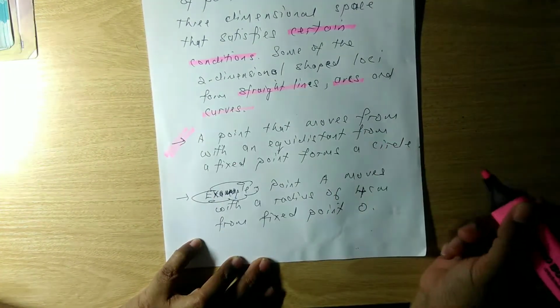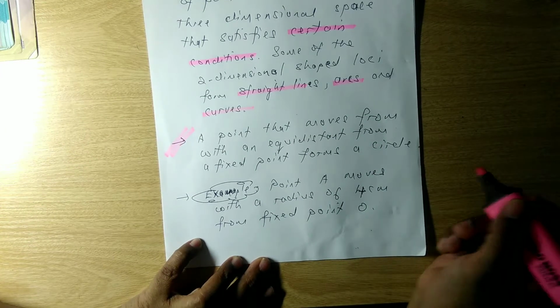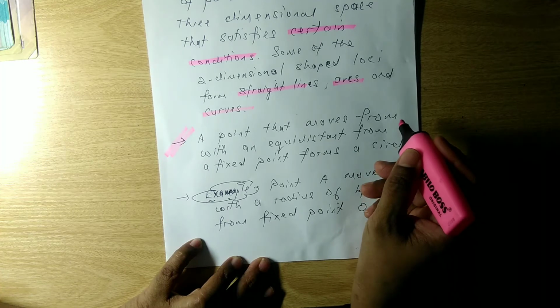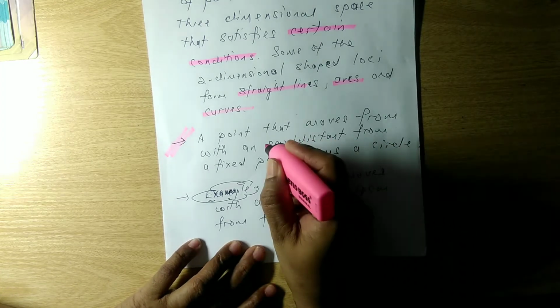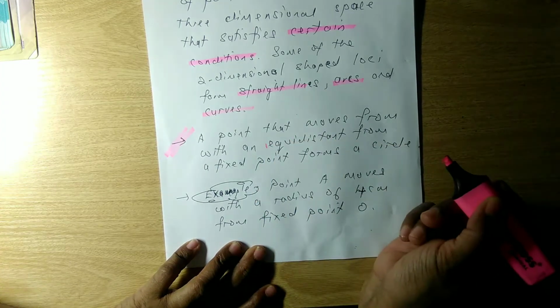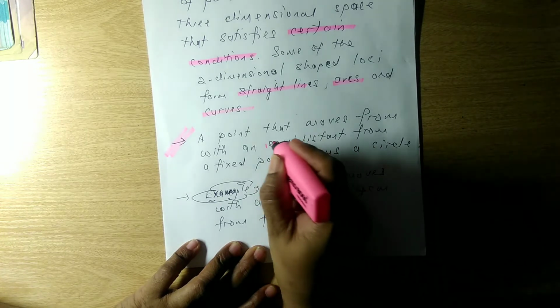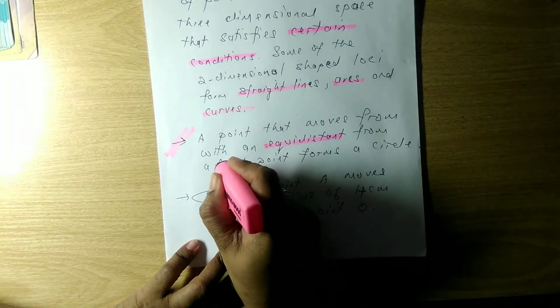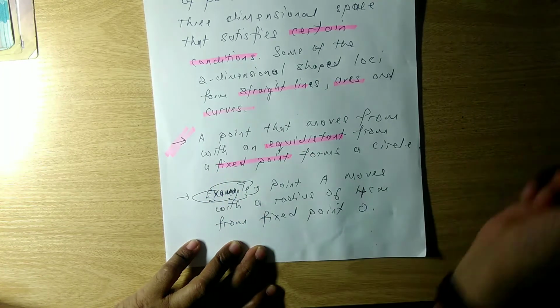A point that moves from a fixed point with an equidistance from a fixed point forms a circle.